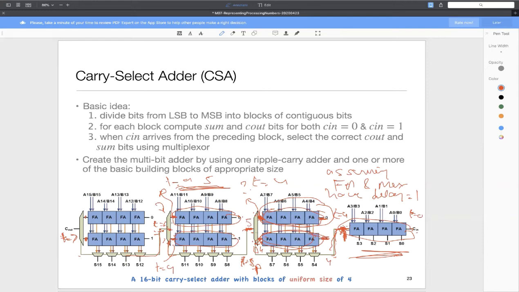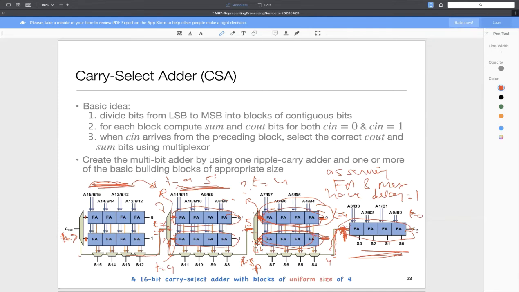But here in the third stage, I have a suboptimality. Two inputs of the mux are ready at t equal to 4, but its select input does not come until t equal to 5. So I could have done one more bit out here, and still my output would be ready at t equal to 6. How many more bits could I have done in this stage?